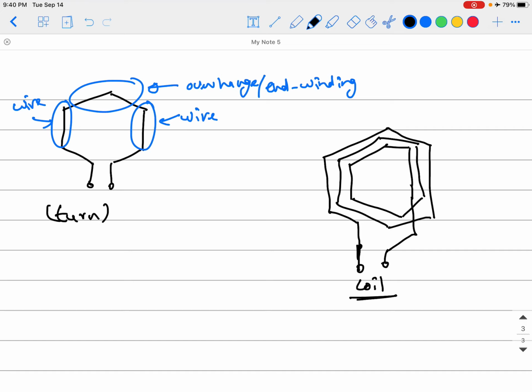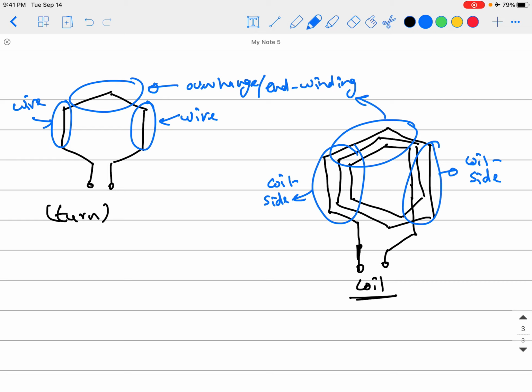You can see it like this. Okay, and if it is a coil like that, we will call this a coil side, and this also will be a coil side, and this is still called the same, the overhang or the end winding. Okay, and those two points are your coil terminals.